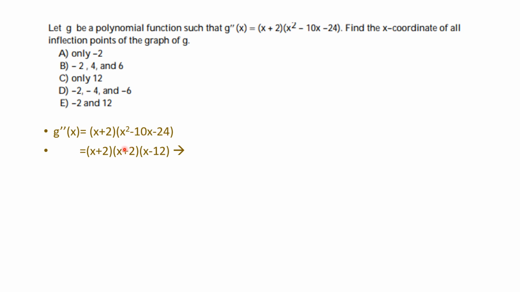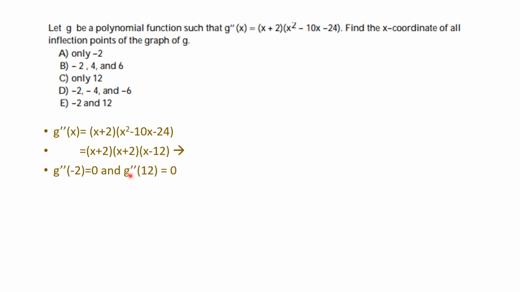That will give us x plus 2 multiplied by x minus 12. Now we have to look into equating this to 0. If we equate the equation to 0, it will imply that g double prime of negative 2 equals 0 because it's a solution, and g double prime of 12 also equals 0.